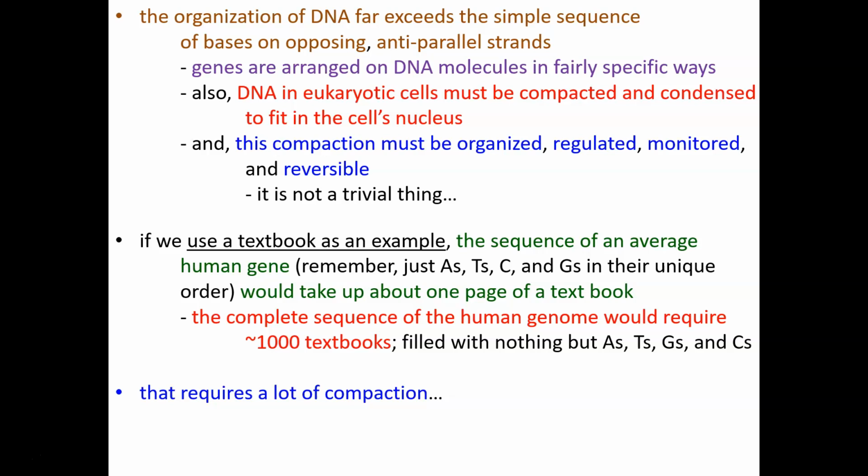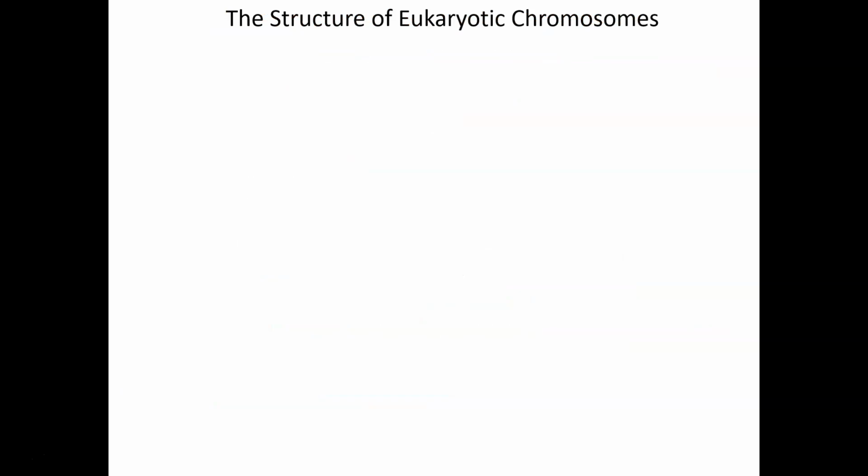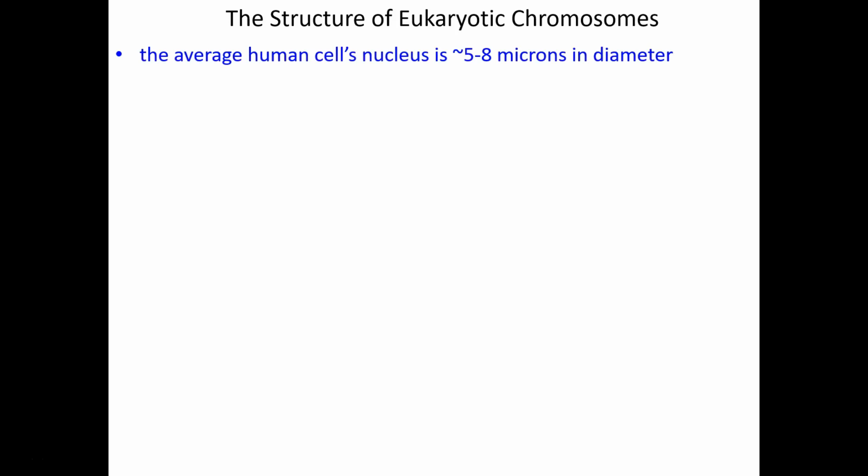The complete sequence of the human genome would require, by that same logic, 1,000 typical college textbooks filled with nothing but adenines, thymines, cytosines, and guanines. So what does that show us? That shows us we've got a lot of genes, we've got a lot of DNA. The human genome is vast. And again, it requires a lot of compaction to fit into a typical eukaryotic nucleus.